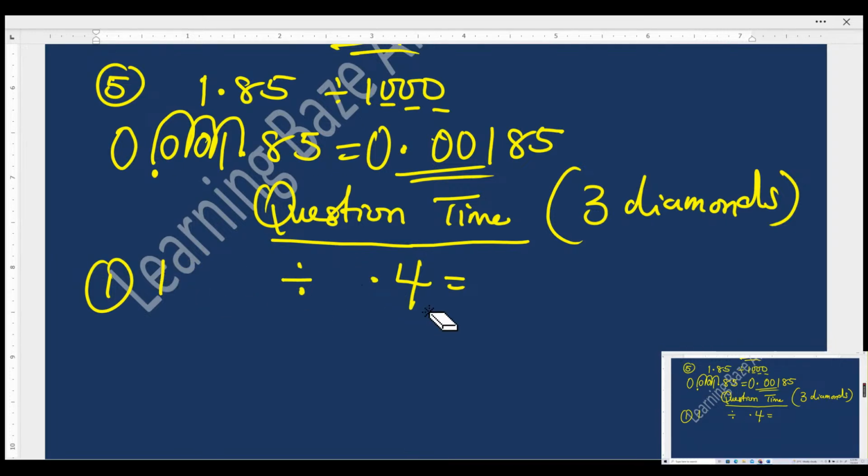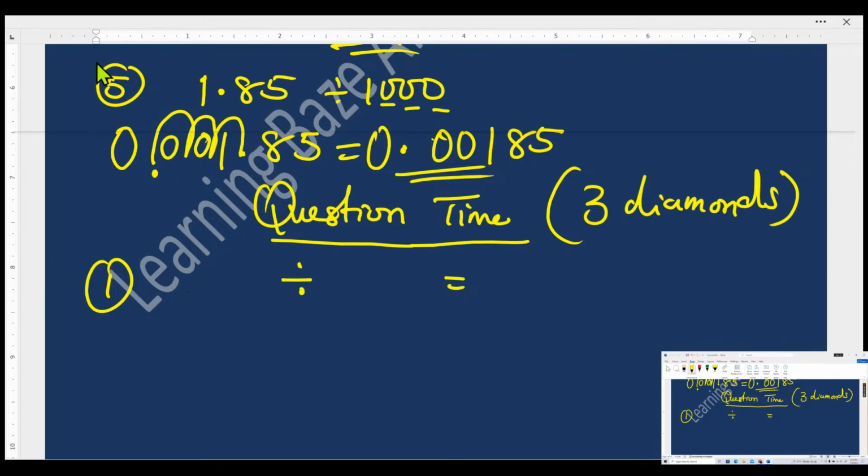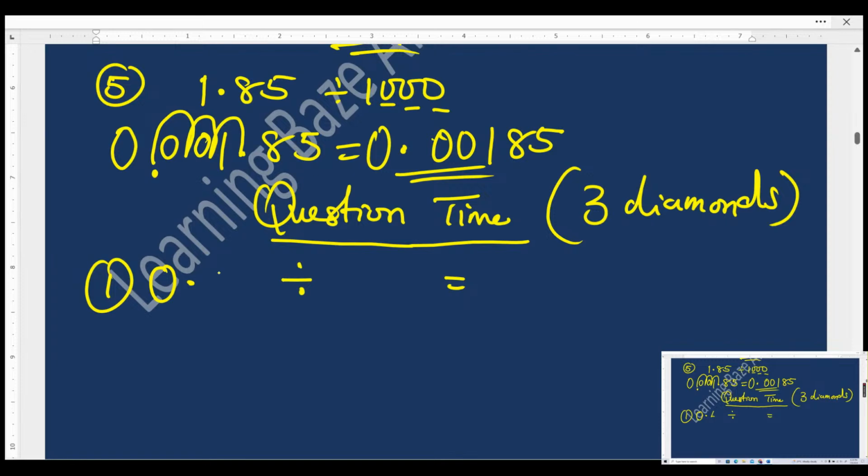So the question is 0.4 divided by 1000. So what is the answer? Let's see who wins this game. Will it be male or female?